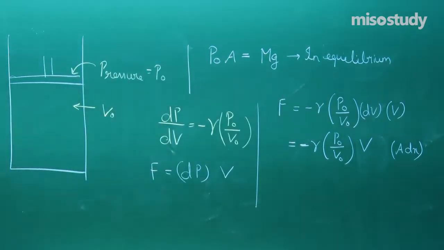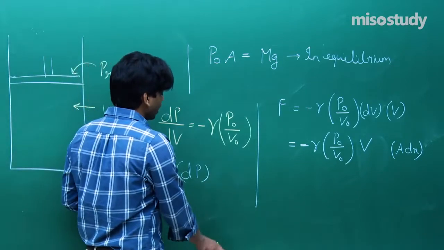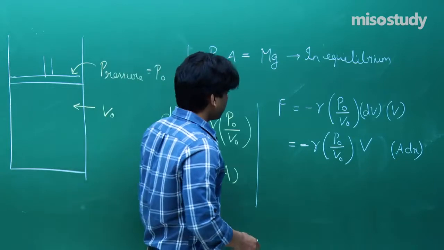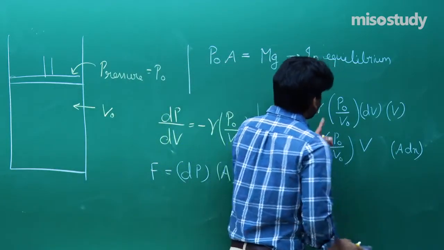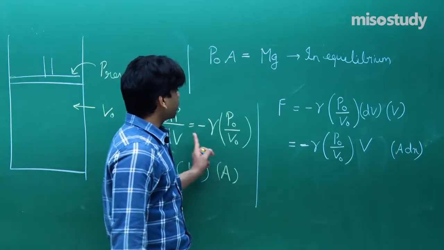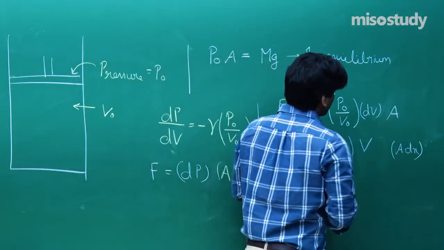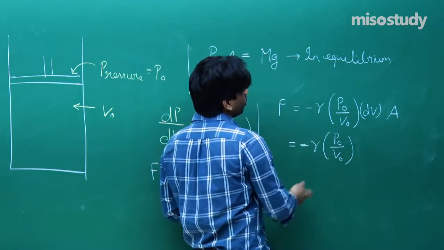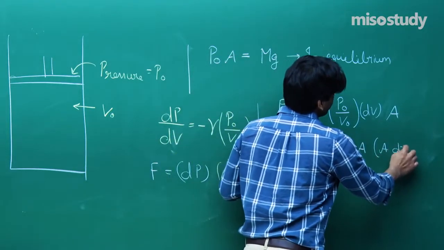Now you see one thing, I have written here F is equal to dP into V. Most of you would have noticed that F is not dP into V, F is equal to dP into A. This is what you should know. Now, dP into A, and dP we have written as minus gamma P0 by V0 into dV, and here you have to use A. So, minus gamma P0 by V0, A keep it as it is, dV will be A into dx.